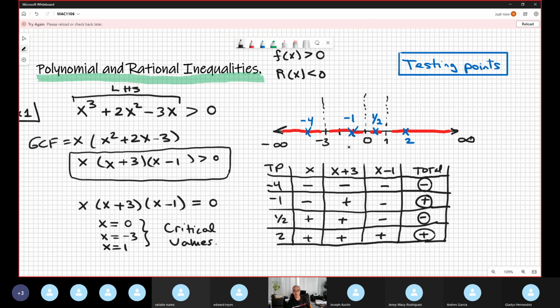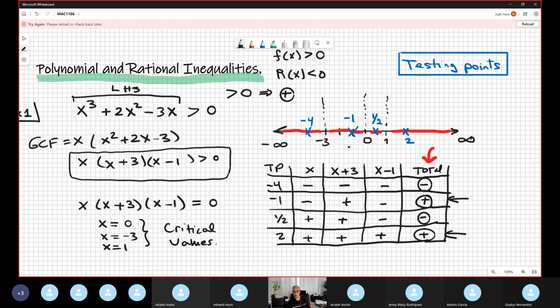I finish the table. The important thing I need to analyze is this column, the total. According to my inequality, to be greater than 0 is equivalent to being positive. This inequality is true here and here.